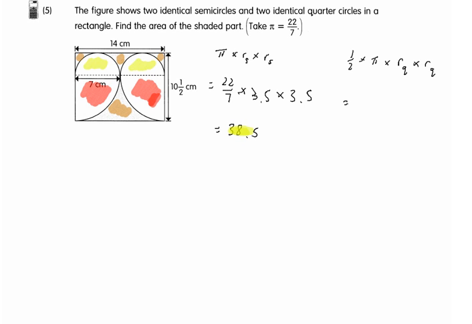So it's half multiplied by 22/7. So what's the radius in this case, Leroy? 7? 7 or 10.5? You will see properly or not? 7. Not 3.5. Okay.